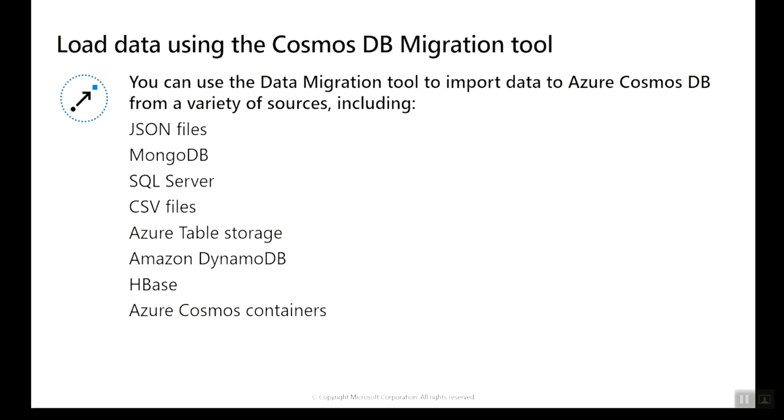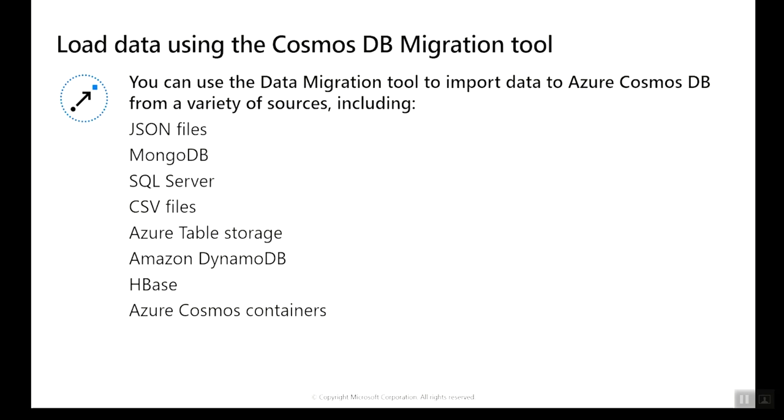The data migration tool can be used to input data to your Azure Cosmos DB from a variety of sources. It's available to be downloaded from GitHub, and the tool guides you through the process of migrating data into your Azure Cosmos DB databases. You're prompted for the source of data inside the migration tool, as well as the destination, which is essentially the Azure Cosmos DB database and the container that you want to migrate the data to.